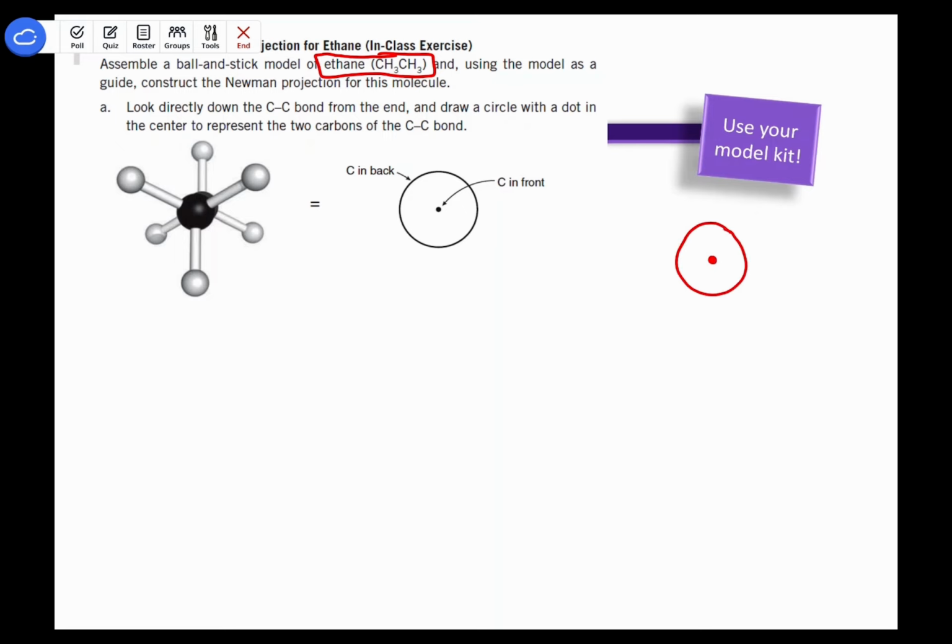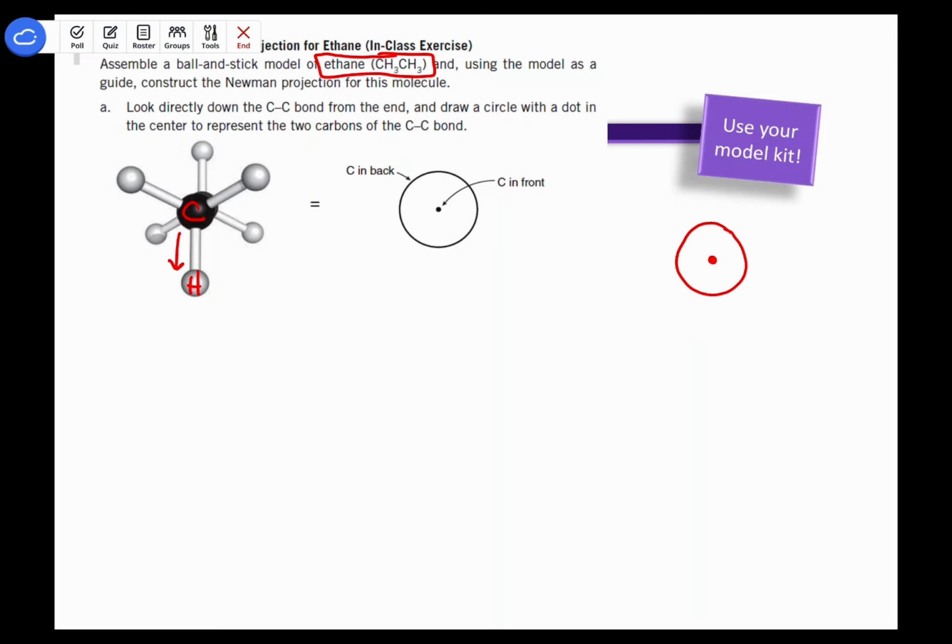Then we want to show which way the bonds are pointing. So I'm going to take my model here and I'm going to line it up to the picture that I see in my workbook. In my workbook, I can see the front carbon here is attached to a hydrogen and it's pointing straight down. So I'm going to hold this up to my eyeball or down on the camera here. This front carbon has a hydrogen that's pointing straight down.